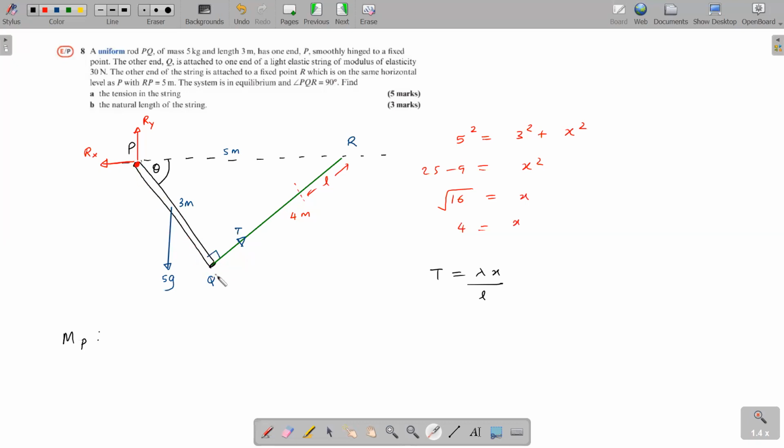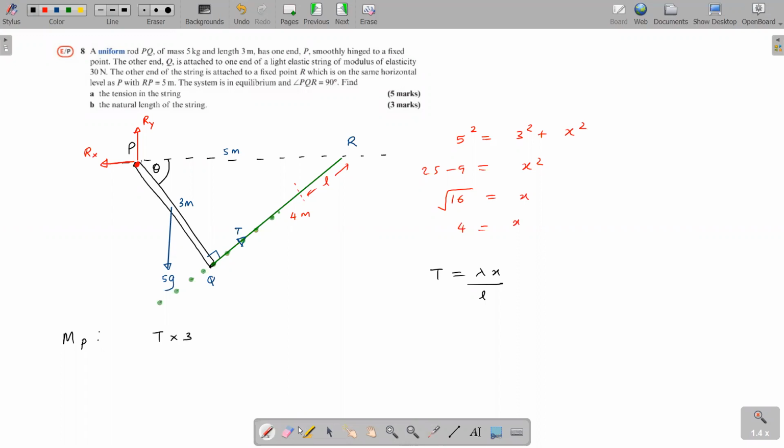The line of action of force T goes like this, and the perpendicular distance from P to T is directly 3 meters. So the moment here is T times 3.